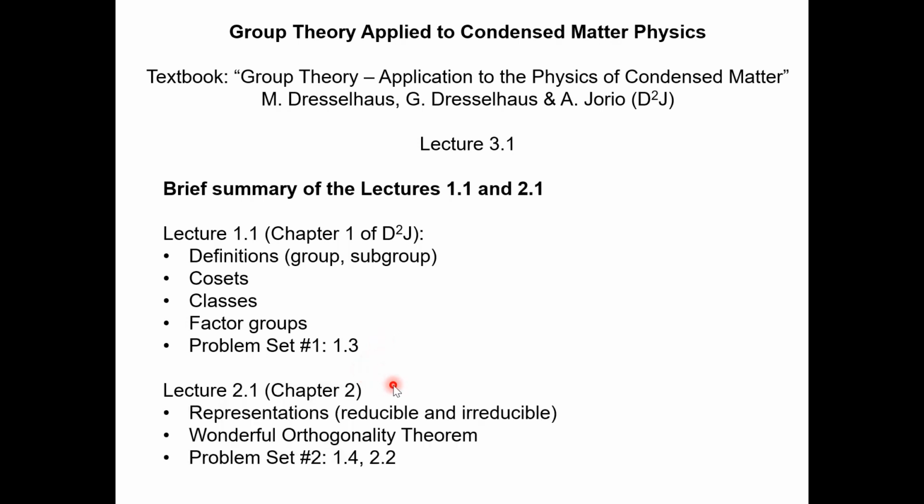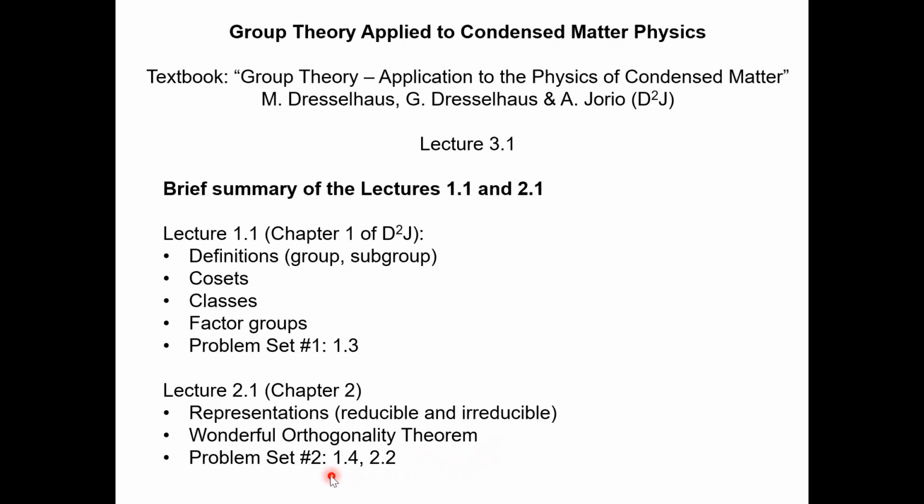In the second lecture, we discussed chapter 2, and then we introduced the concept of representations. Those are matrices that satisfy the same multiplication table of the group. We introduced the concept of reducible and irreducible representations. And finally, we discussed one of the most important theorems of group theory, which is the wonderful Orthogonality Theorem.